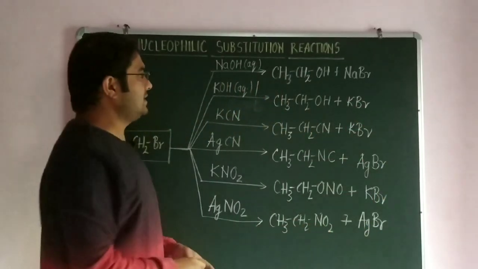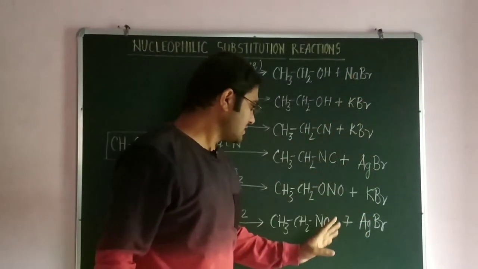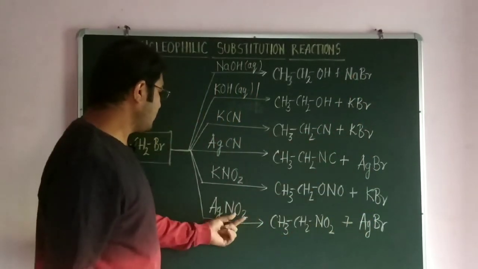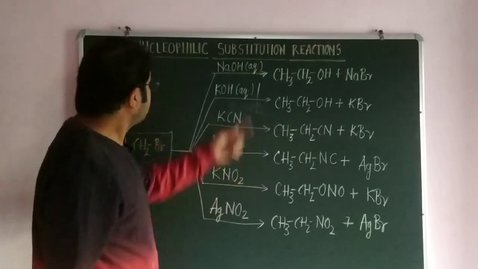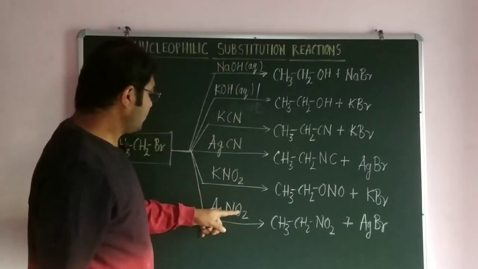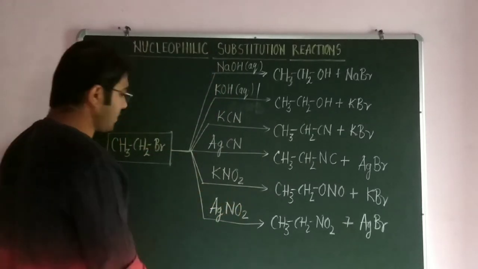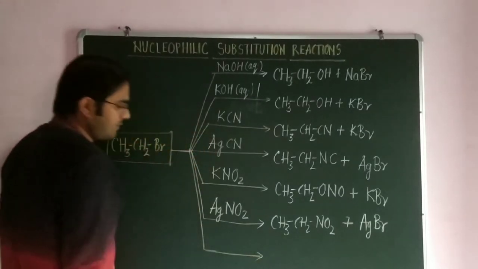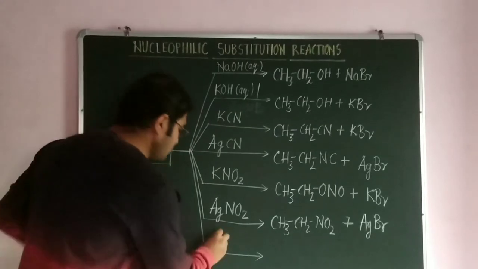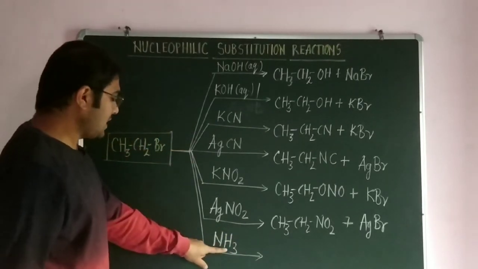So if we see all these reactions, the byproducts are in the form of salts and the major products are formed. This is only possible due to nucleophilic substitution reaction. The nucleophile attacks the carbon atom and forms different compounds. Similarly, in the substitution by amino group, we use ammonia, NH3.